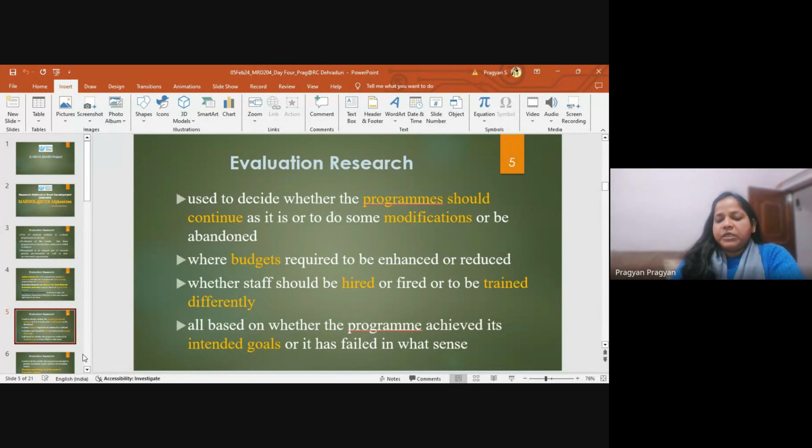For example, in case of the Indian context, let me tell you very frankly that during our gradual evolution in the understanding of rural development programs, we were actually focusing on the employment generation activities.